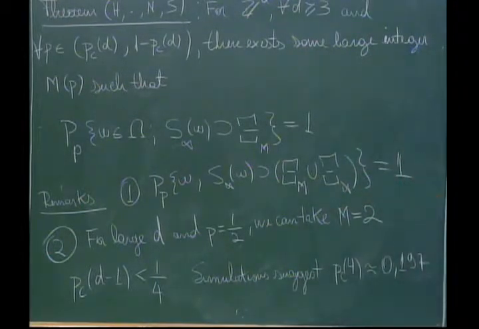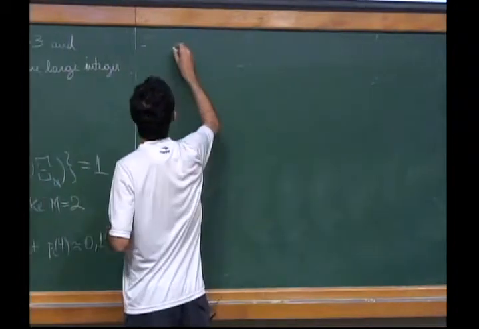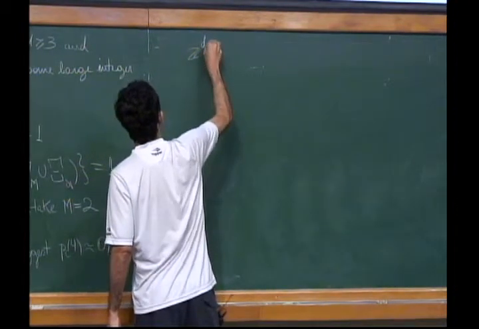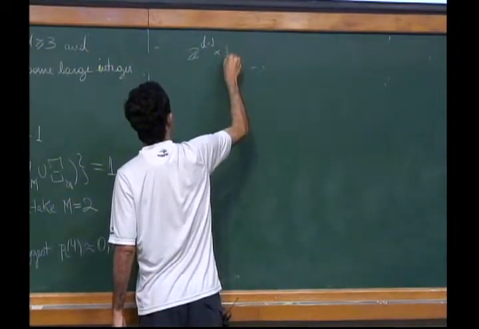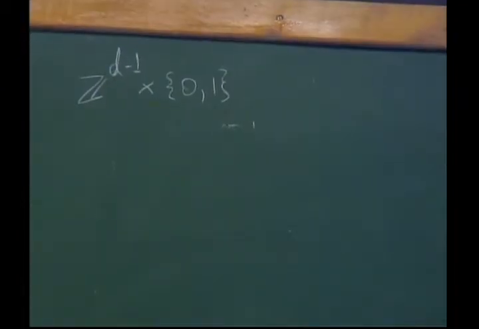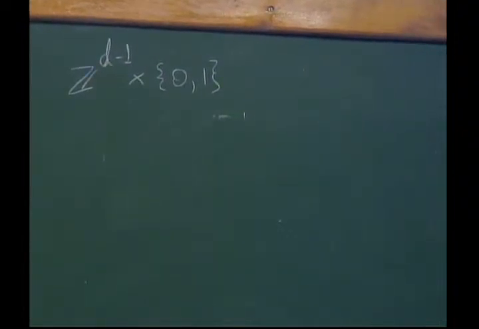The proof in this case of large D is the following. My space is Z^D, but let's concentrate on this subset, Z^(D-1) times {0,1}. This is a D-dimensional slab of Z^D.